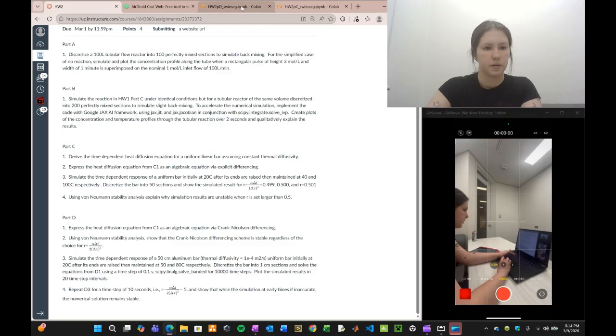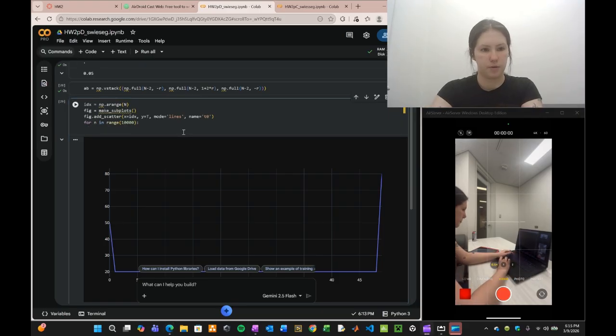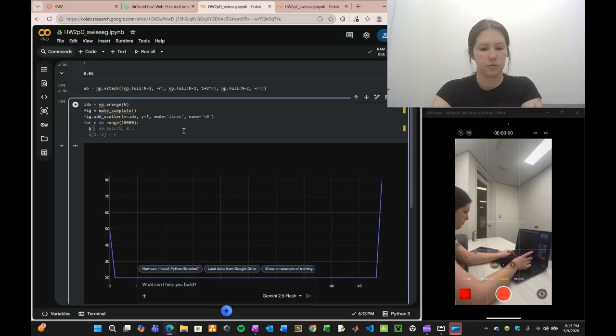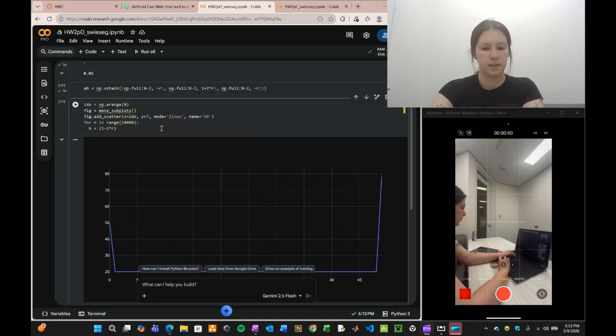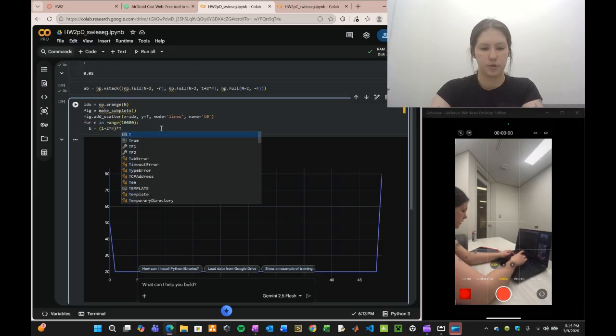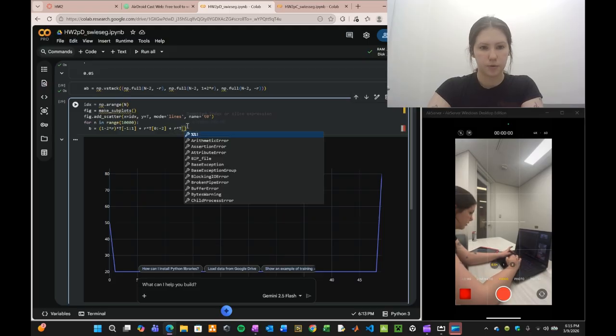And then we will define the other part of that array b, and it will equal 1 minus 2 times r, times t from -1 to 1, and then plus r times t from 0 to 2, and then plus r times t from 2 forward.